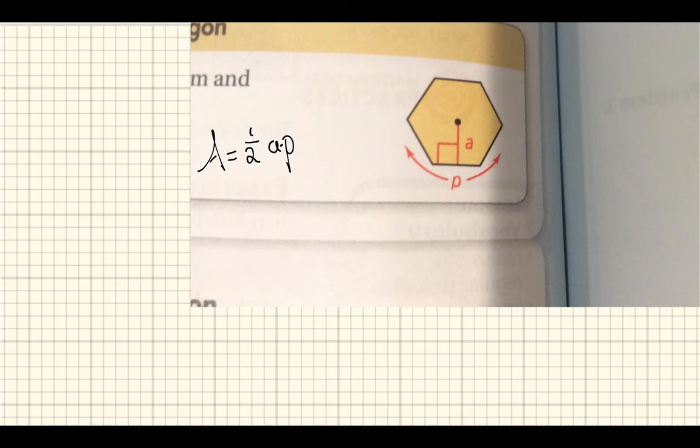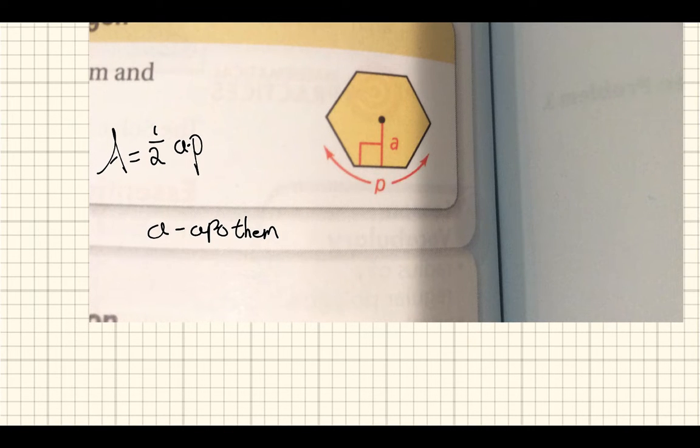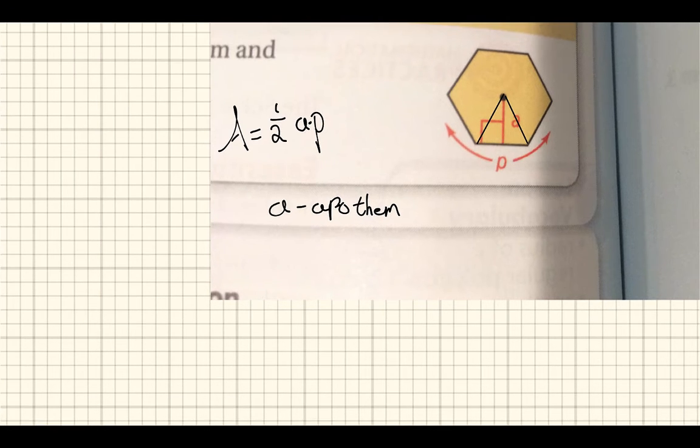A, again, is the apothem, which, watch if I draw that triangle, you can kind of see it. That's the apothem. And P represents the perimeter of the shape. So how we're going to do this is find the apothem, find the perimeter, and take half of their product.